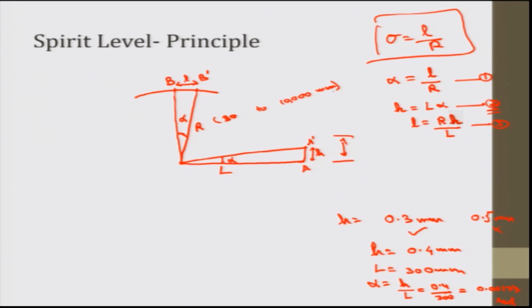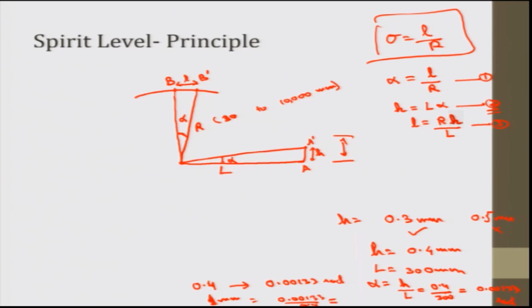Okay. So, we can calculate the sensitivity, by 0.4 mm of movement, the angle that is covered is 0.00133 radians. Okay. So, for 1 mm movement, the angle would be 0.0133 by 0.4.